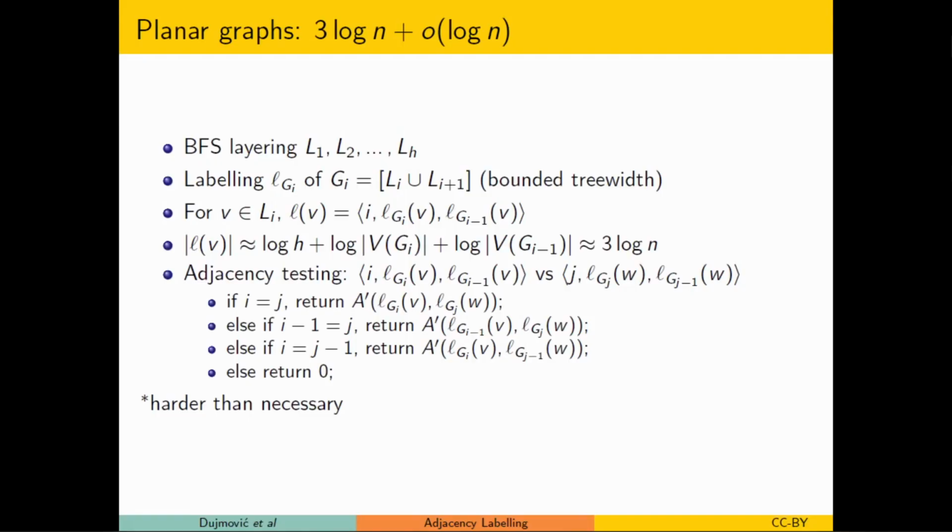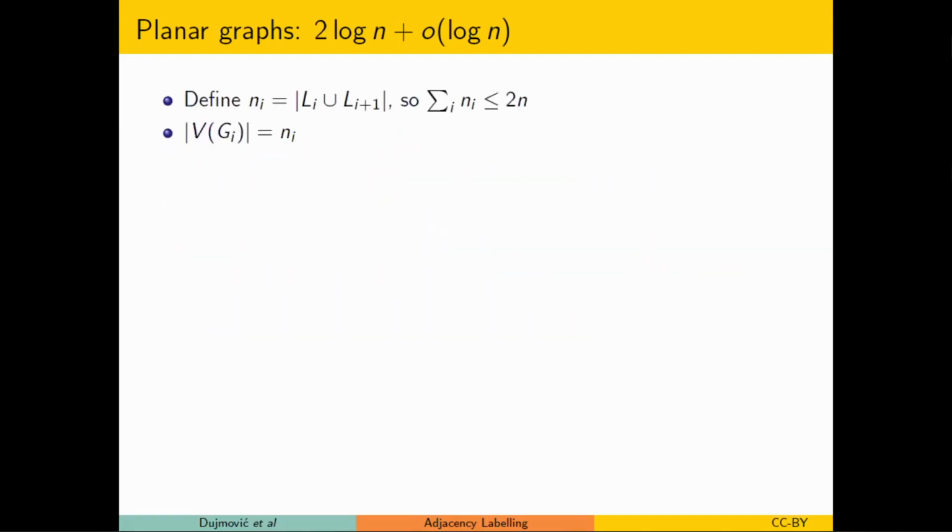Okay, good, but it looks like this is not only more complicated, but it's worse because you use 3 log n bits. But actually, you can save those, as I'll explain. So let's say N_i is the size of the graph G_i, the number of vertices in that graph.